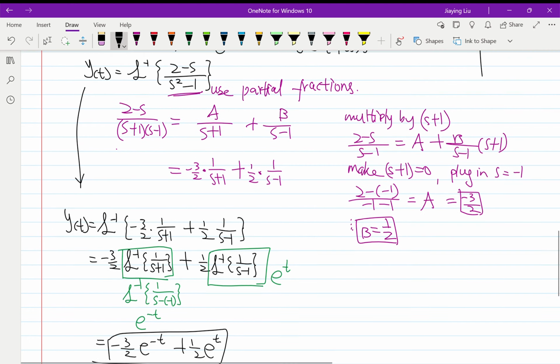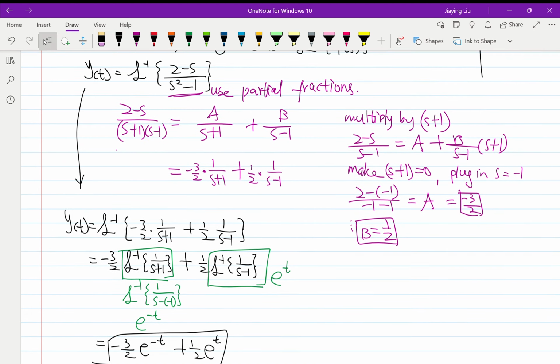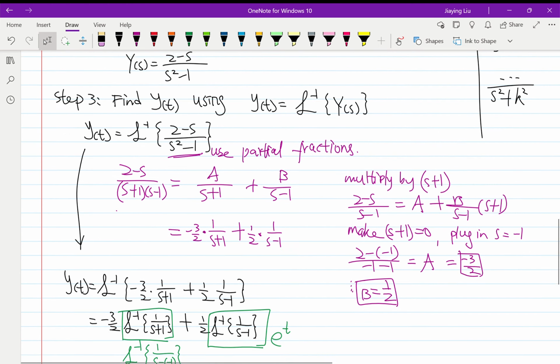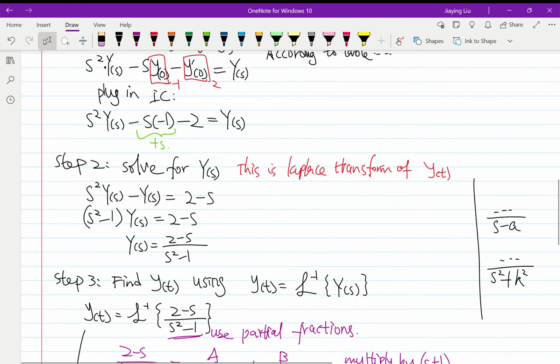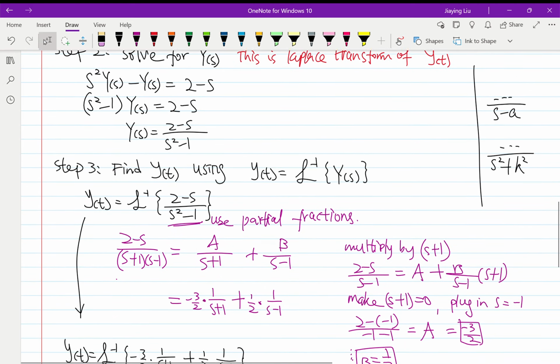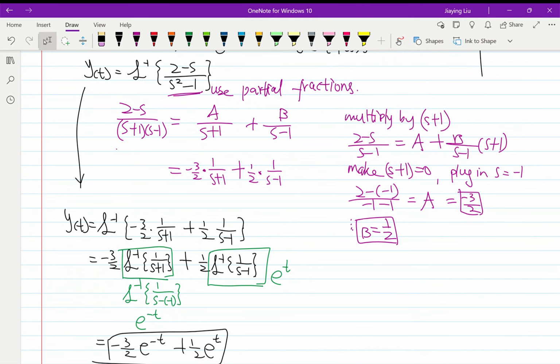So, if you go back to the 3 steps, the first step, you just have to be careful to figure out the right Laplace transform for each term. The second step, I personally think is the easiest because you just solve for y of s. The last step sometimes could be tricky. You're going to have to do some manipulation.